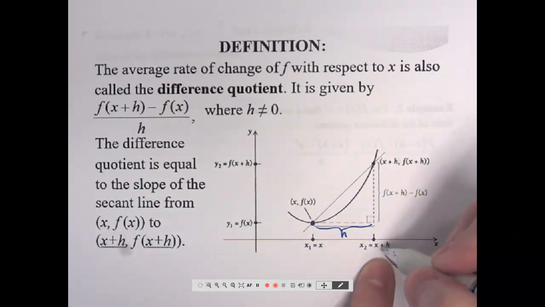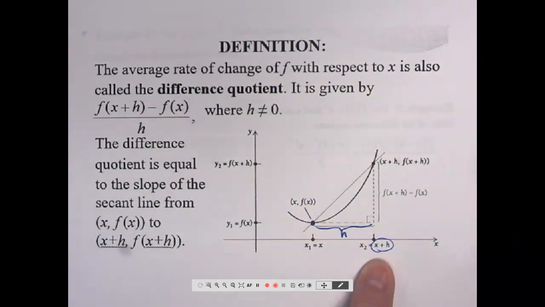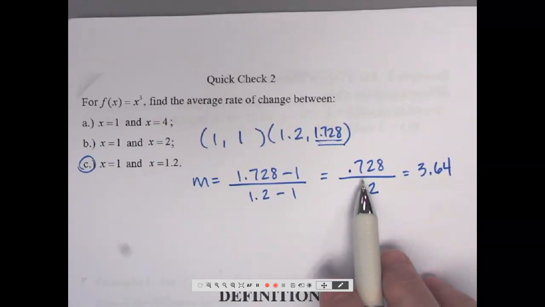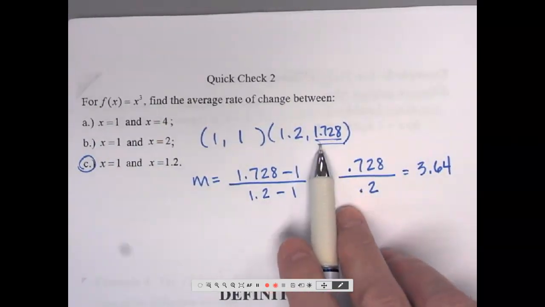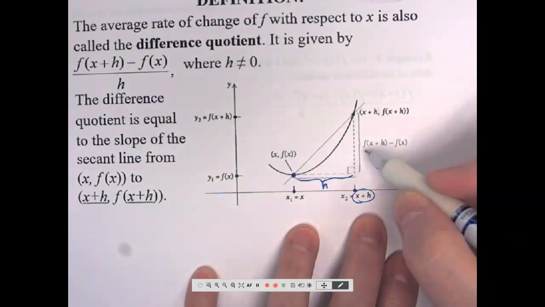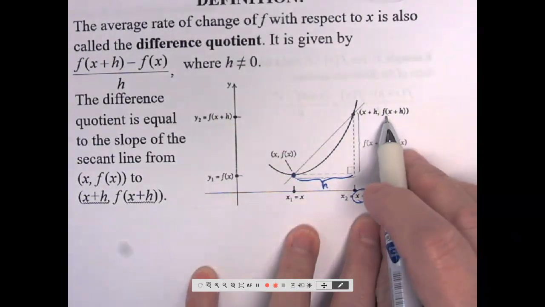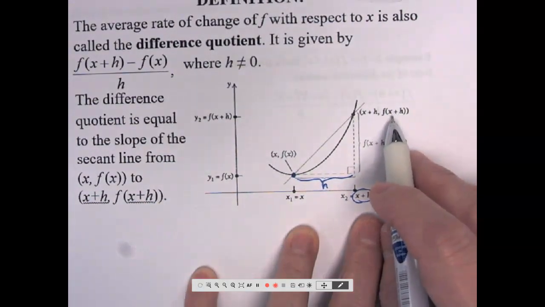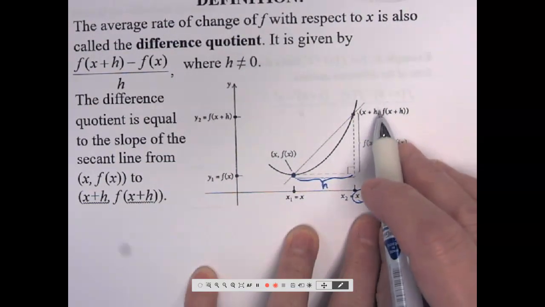Okay, so if I take x plus h, and I want to find the y value, I'm going to sub this into the function, just like we subbed this number into the function. So whatever x plus h is, I'm subbing it into the function, and I get this for the y, f of x plus h. Have we done that before? Found an f of x plus h? We haven't. It's been a little bit, but yes, we have seen that notation before.